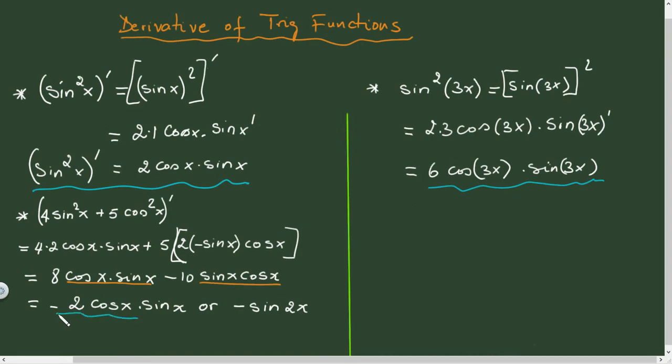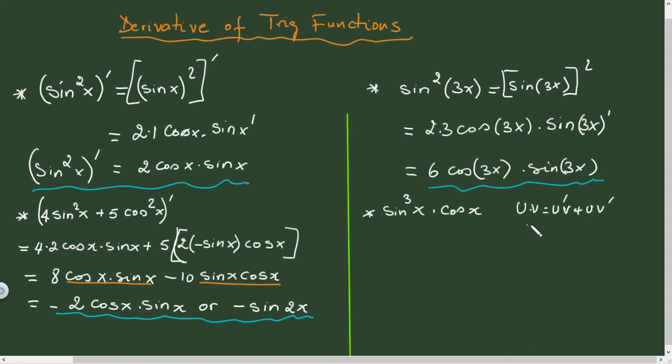All right, another example: sine to the 3 of x times the cosine of x. In this case, we definitely use the product rule, which means that the derivative of u times v equals u prime v plus u v prime.